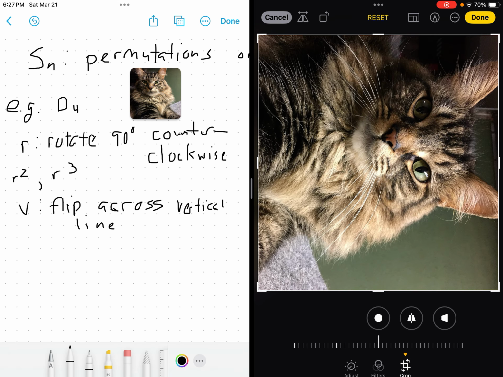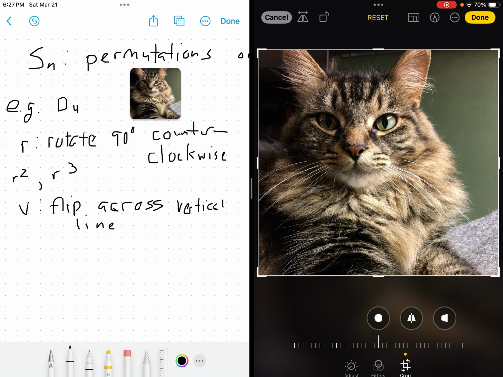That would be a 270-degree rotation counterclockwise, or a 90-degree rotation clockwise, however you want to frame it. But if we rotate a 4th time, we're back to where we started. So I would just call that my identity element, the way of flipping and rotating that does nothing whatsoever.